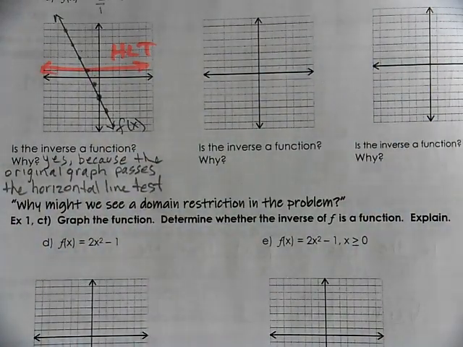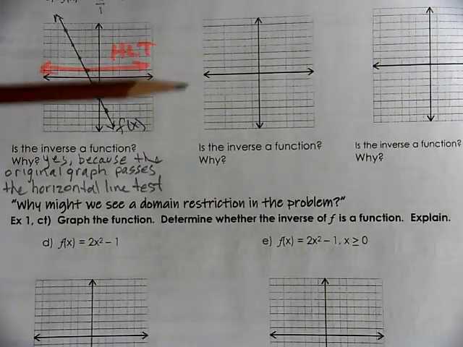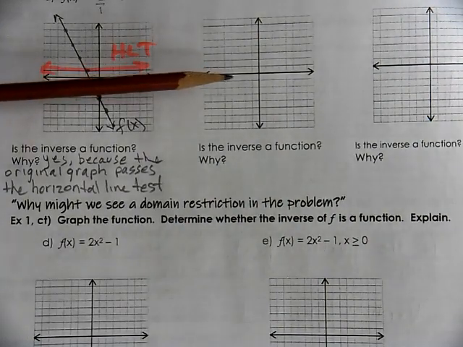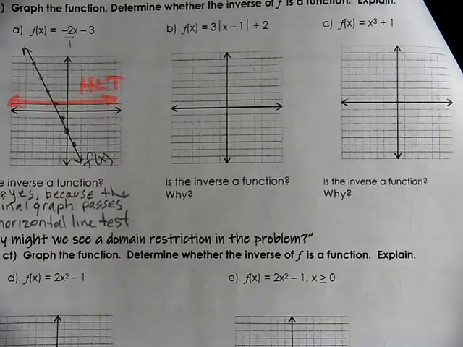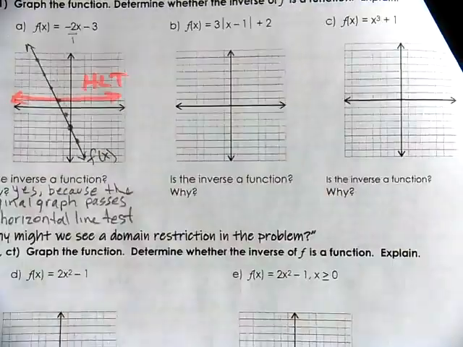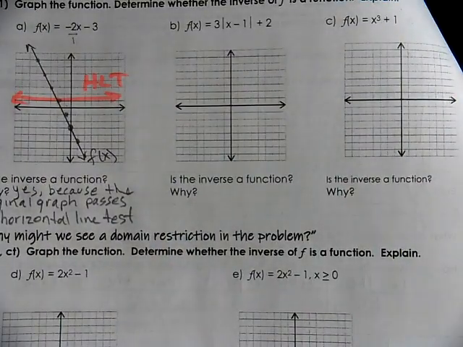Any spot we put that horizontal line is only going to cross the graph in one exact spot. Let's go ahead and try to graph this next one. I'd encourage you to pause the video, try to graph it on your own, and then come back and see how you did.